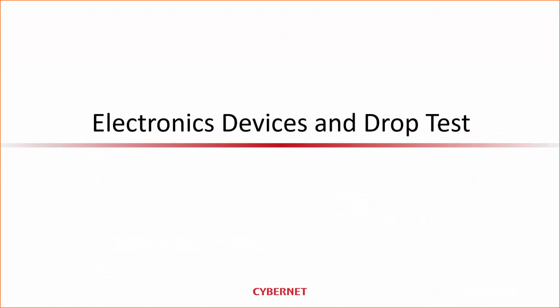Okay, now with that being said, let's move on to the one specific application that we all might be interested in. Now let's take a look at the drop test simulation, specifically the drop test for electronic devices. So now electronic devices can be found everywhere nowadays, basically. So from everyday consumer products to the specific tools used in businesses.